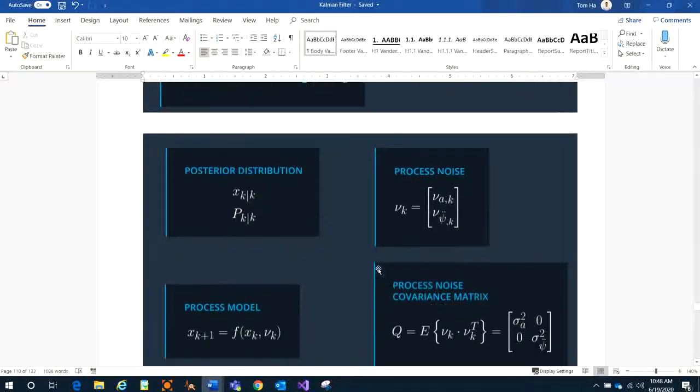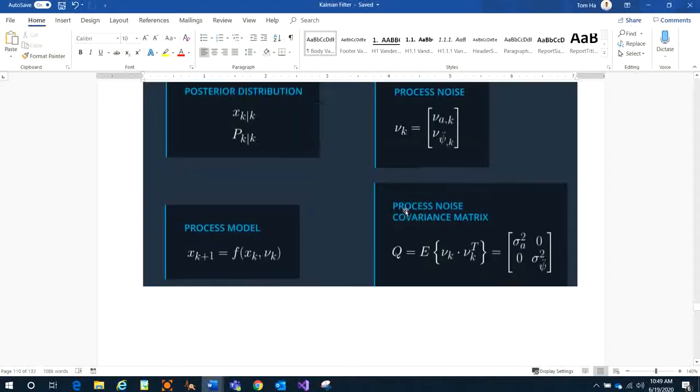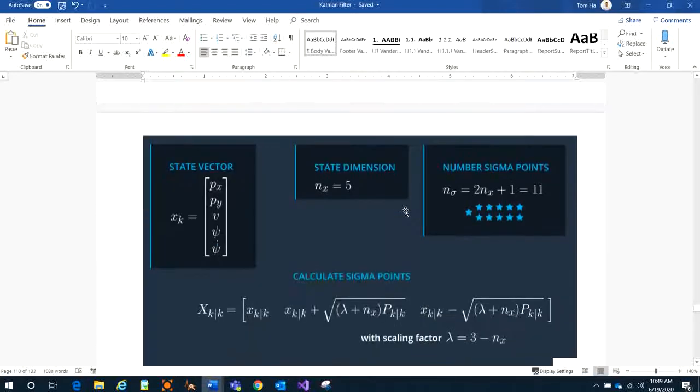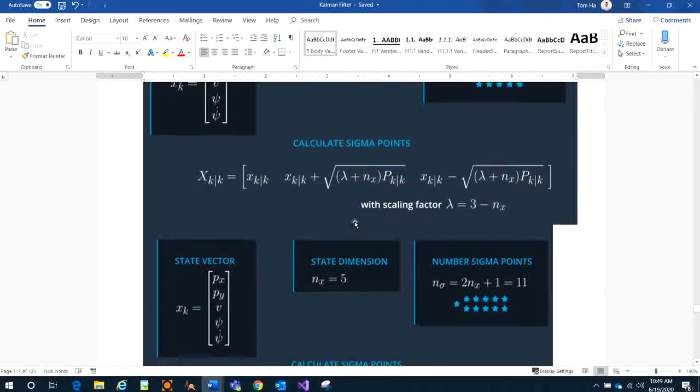Okay, so right now we already know the covariance matrix. How do we pass the sigma points while including the process noise into the matrix?